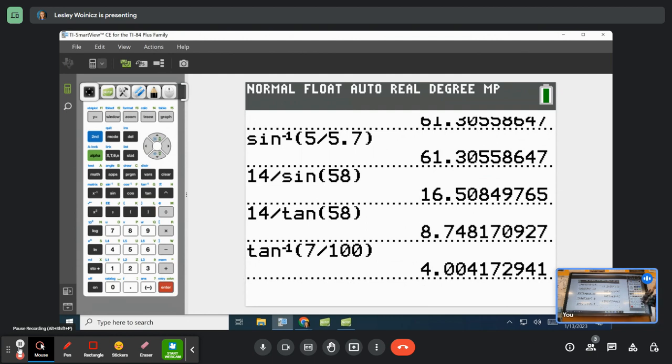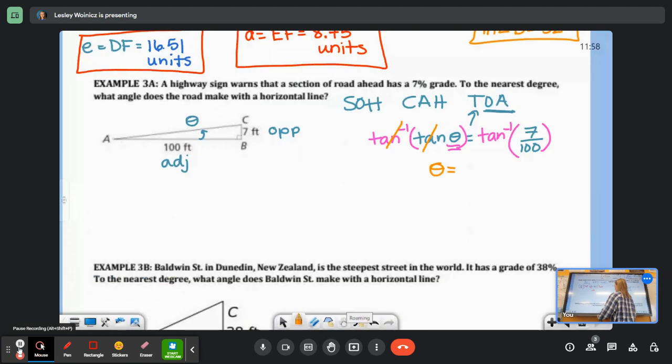What does it say to round to? Nearest degree. Okay, so we're going to say 4 degrees. So theta equals 4 degrees. So I guess we can call that the measure of angle A.